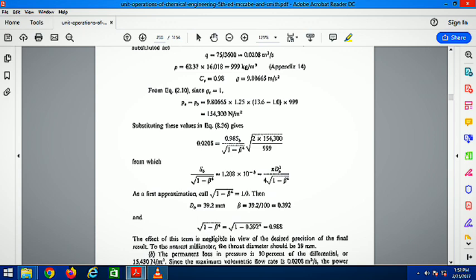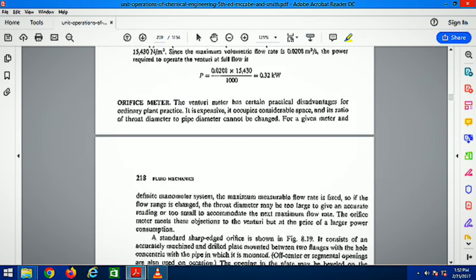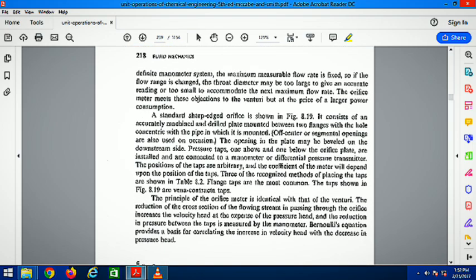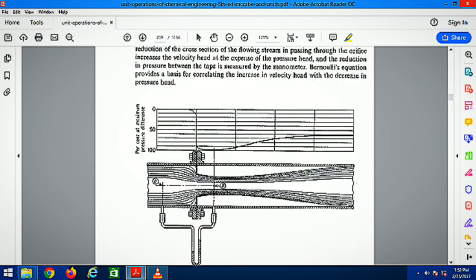Venturi meters are actually costly to construct, and we cannot change the nozzle diameter, but for orifice we have many advantages, and because of this we generally use orifice because the throat diameter could be changed. And one disadvantage of orifice is that there is low pressure recovery because a lot of pressure is lost in this throat.